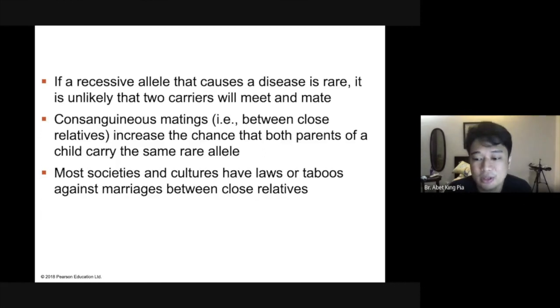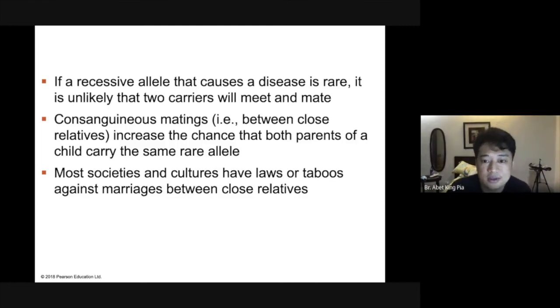Maraming observable na diseases ng mga anak dun sa product of consanguineous meetings. So, sa humans, ganun din. Mas nakikita natin siya. Kaya hindi advisable na magkaroon ka ng partner na malapit dun sa mga kamag-anak mo. Ganyan.